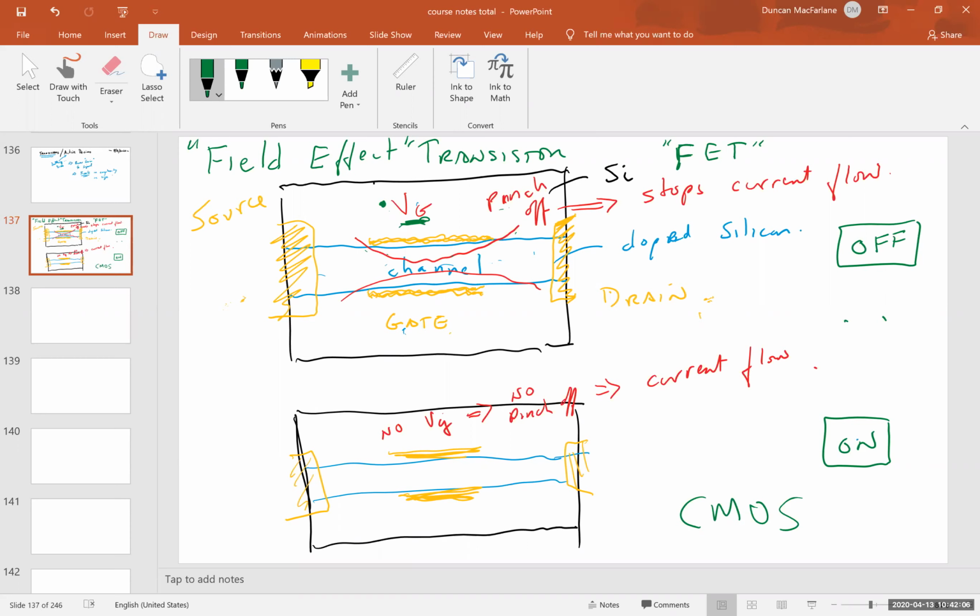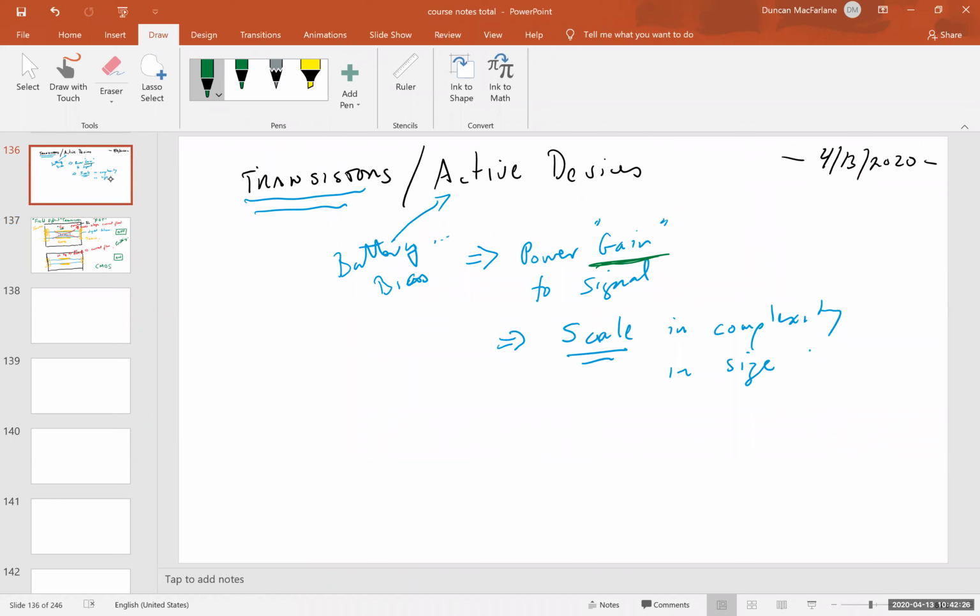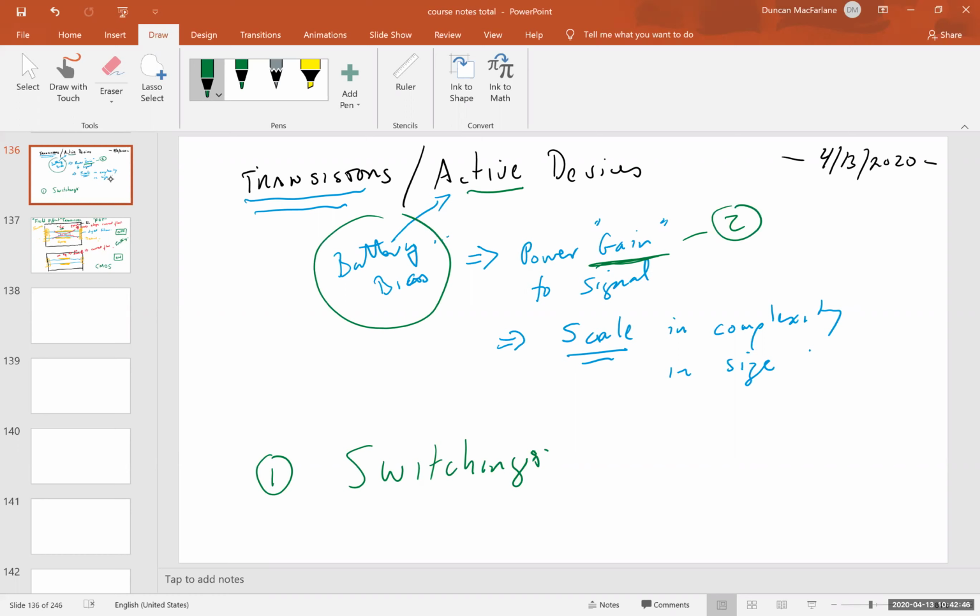So the progression from resistors, capacitors, and inductors to active devices and transistors is, I think, a great place to start because they provide this switching. And they also provide the opportunity for gain. So two regions of operation, switching and gain, can come out of these active devices which rely on an external power supply.